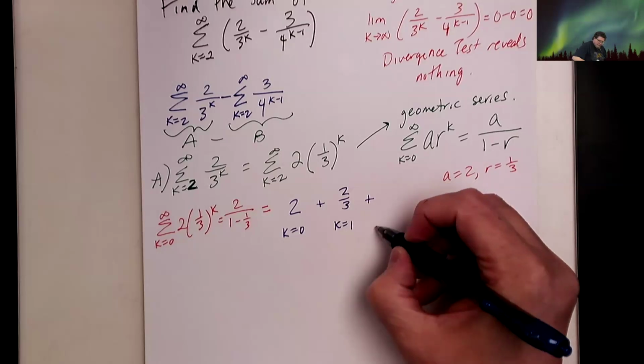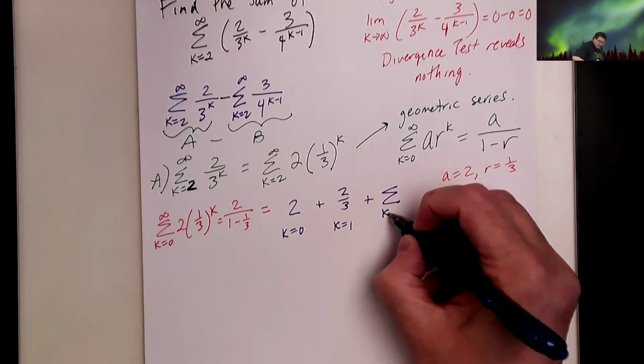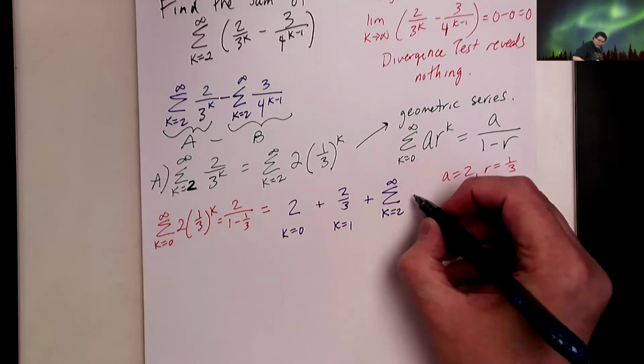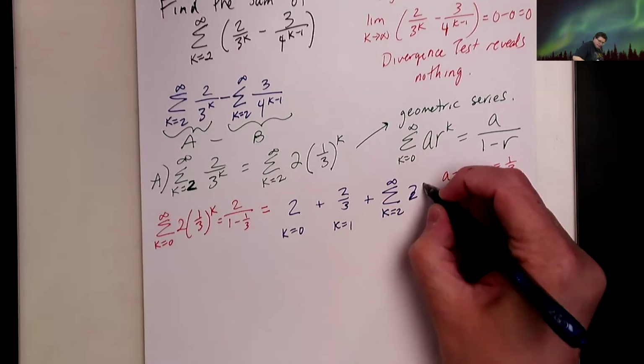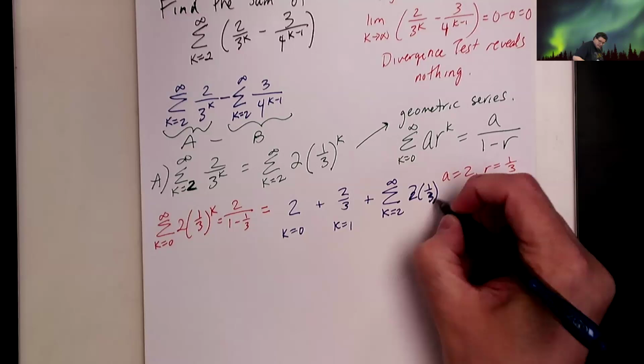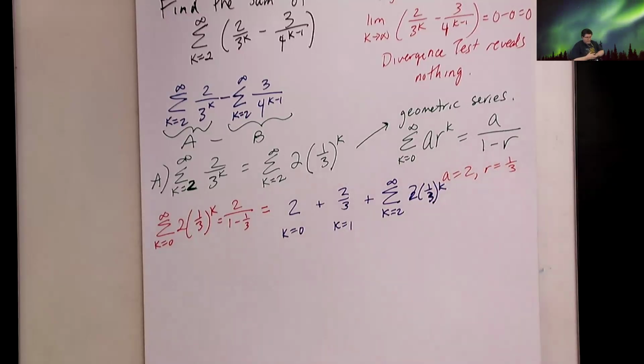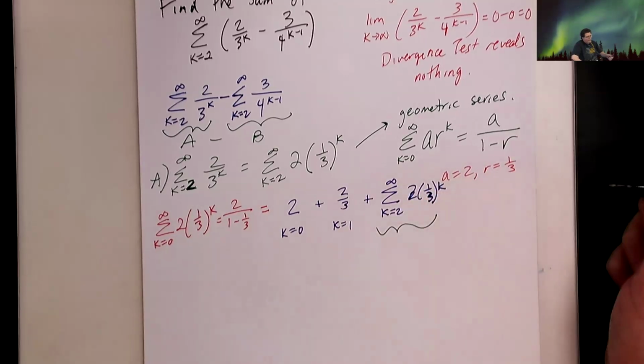And then rather than doing k equals 2, I'm going to write the summation from k equals 2 of 2 times 1/3 to the k, because this is what we actually want.